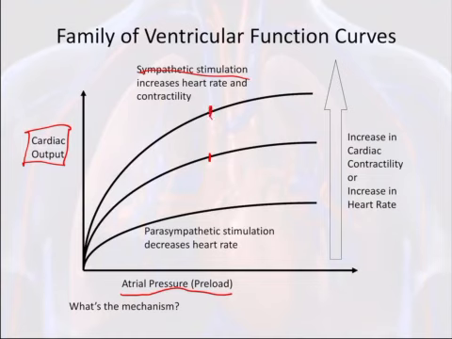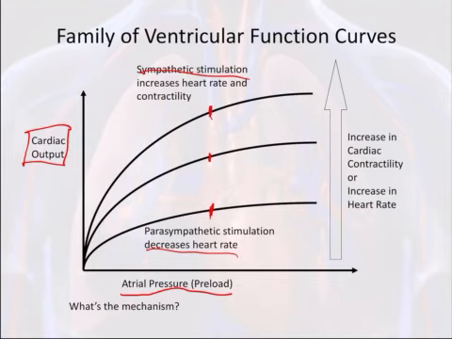Okay, and that's going to be related to both an increased heart rate and an increased stroke volume. But then for that same preload, if we have parasympathetic stimulation, we're going to have a lower heart rate. So that's part of why cardiac output is lower, but then we're also going to have lower contractility because contractility decreases with parasympathetic control.